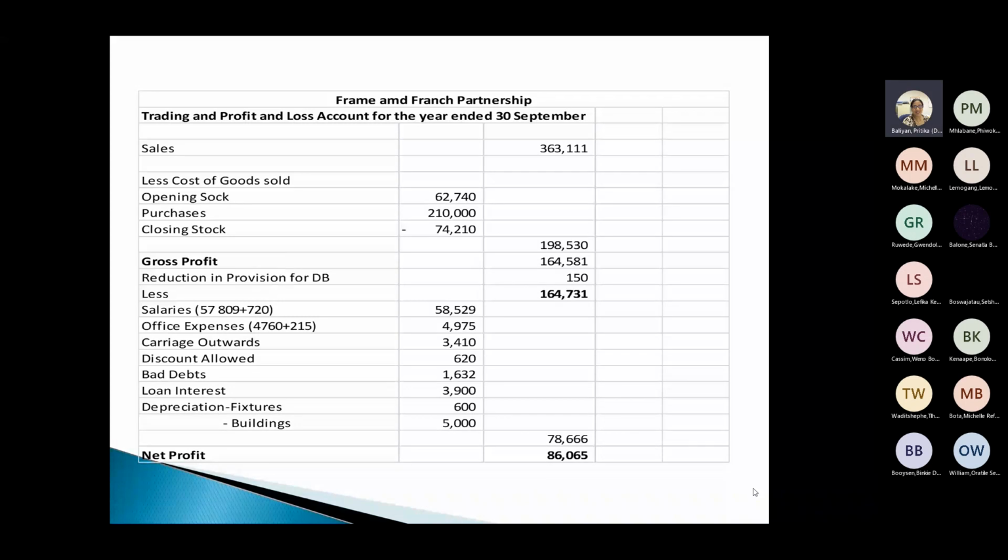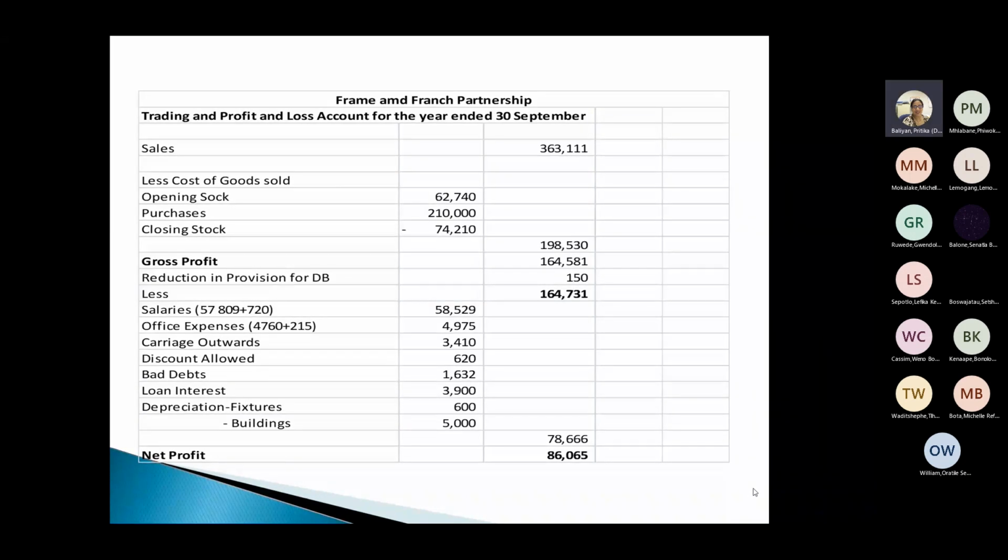Then there is the reduction in the provision for bad debts, because it has been reduced from last year. How much is it reduced? It means we were expecting some amount, but it has been reduced, which means some of the debtors have paid. That is always considered an income in the business.